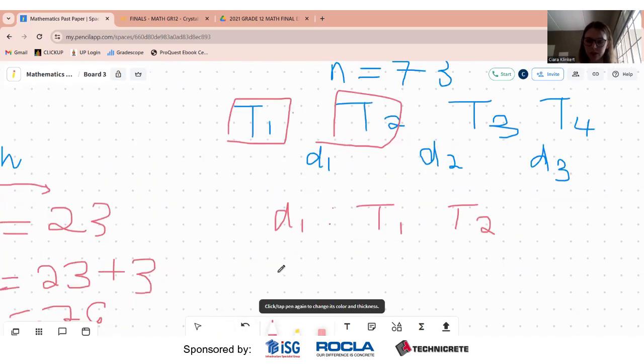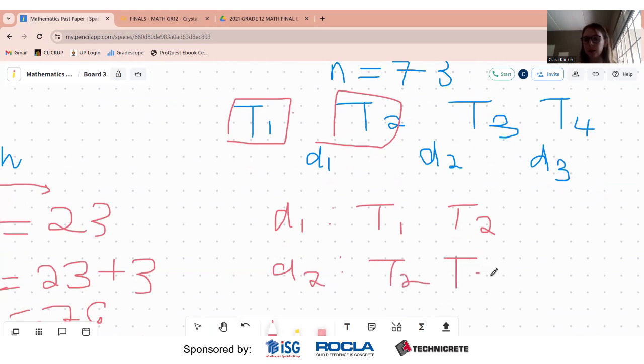D2 is between T2 and T3, and D3 is between T3 and T4.